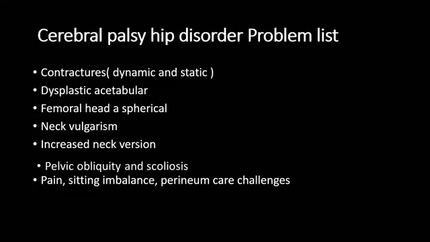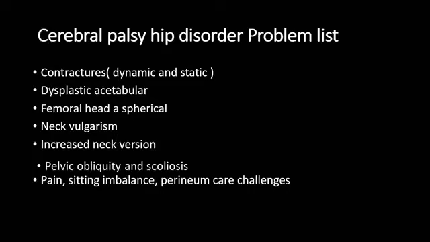After you have done your imaging, you sit back and analyze the problems the child may be having. The first and most important is the contractures, which may be dynamic or static. To distinguish these, there are various techniques you may employ, for example, injecting botulinum toxin or Botox. That helps relax the muscles, and any remaining deficit in joint movement will mean a static contracture.